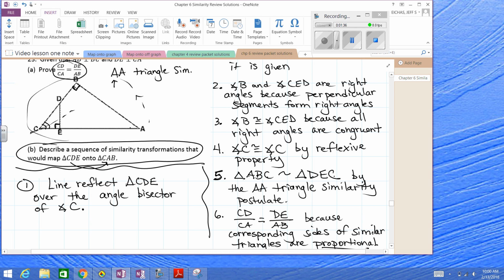Now here's what that's going to do. That's going to perfectly map E over to here to make E prime. That's going to perfectly map D over to here, D prime, because if we reflect over the angle bisector, it'll force it right there.